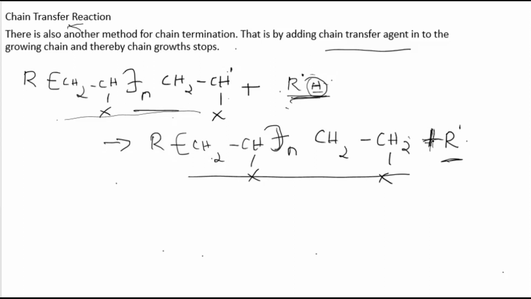Simultaneously, there will be the formation of a free radical which is capable of initiating a new polymer chain. So in this reaction a transfer mechanism is happening. That is why it is said to be a chain transfer reaction.